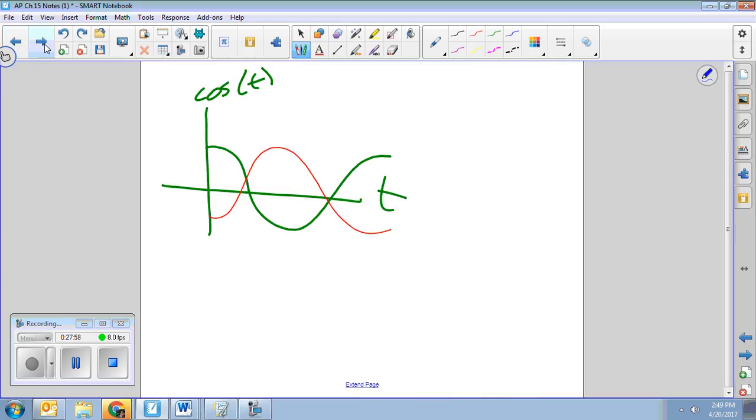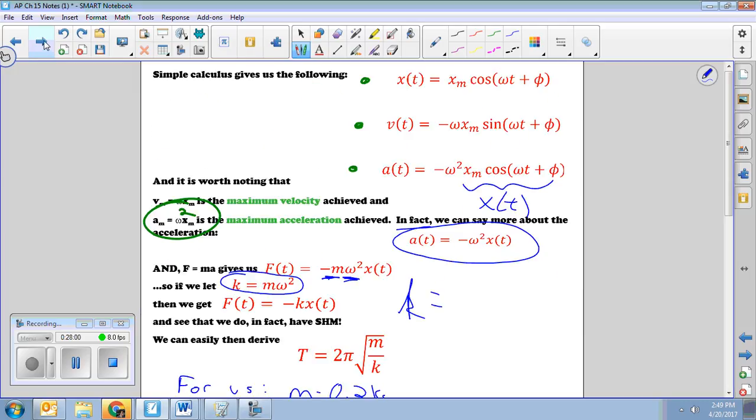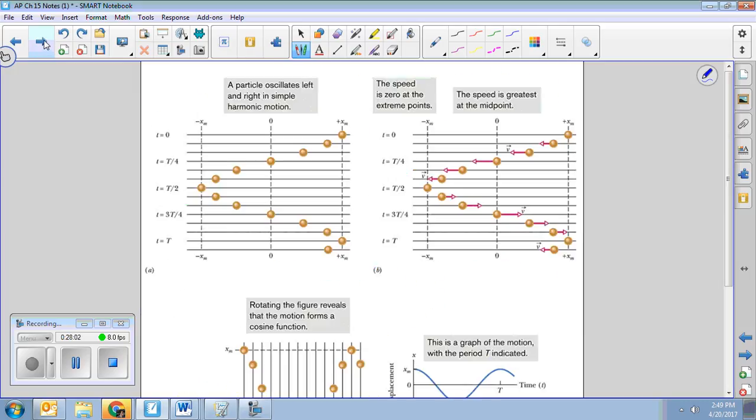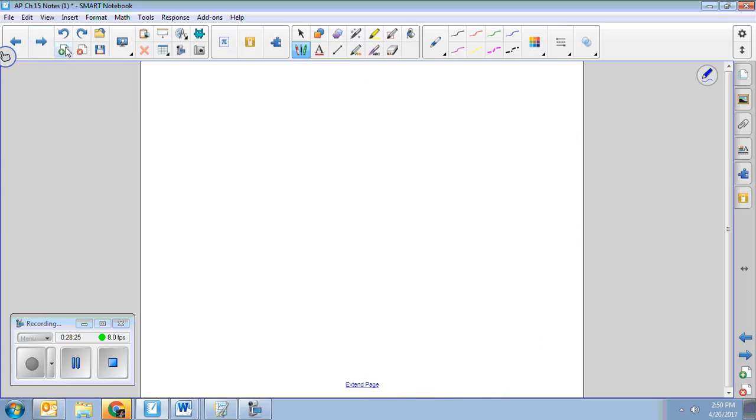And so the idea here is that at time zero, you're going to have some position, right? Our force is this way, so it's going to be accelerating this way. So after some amount of time, it'll be back at the equilibrium point. After some other amount of time, it'll be at its negative maximum position, etc. All right. Please make sure that you understand this. It's a really simple thing that will come in really handy for you.